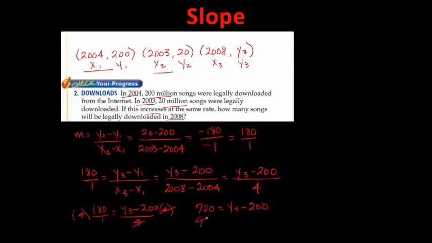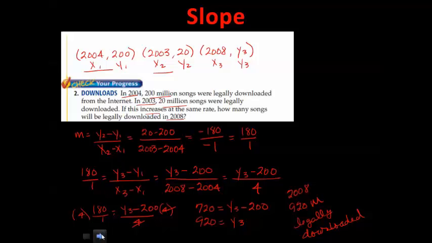Then I add 200 to both sides, and I find out that in 2008, 920 million songs will be legally downloaded. And I know I don't have enough room to write all that. Oh, maybe I do. Okay, that's what my answer is going to be.